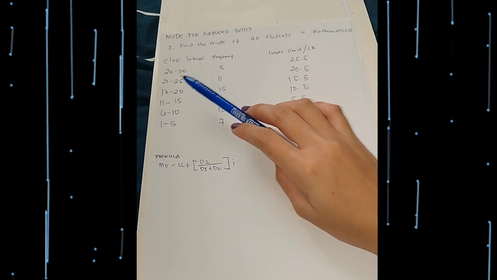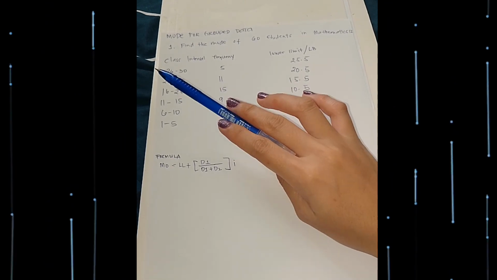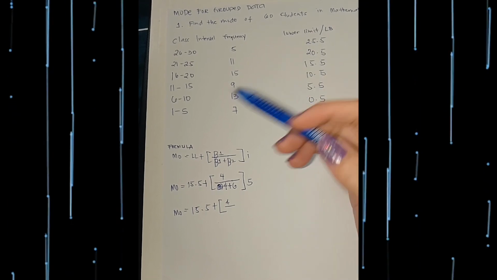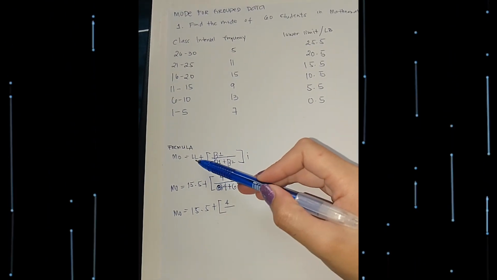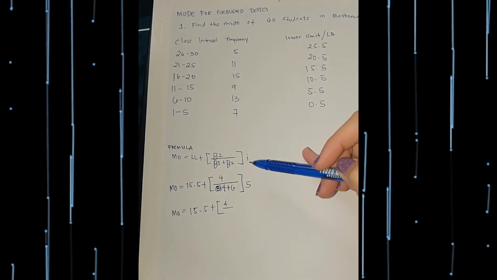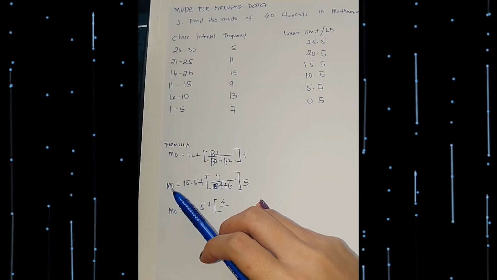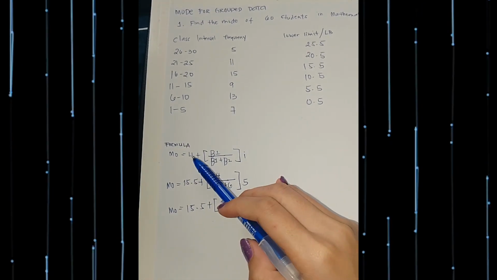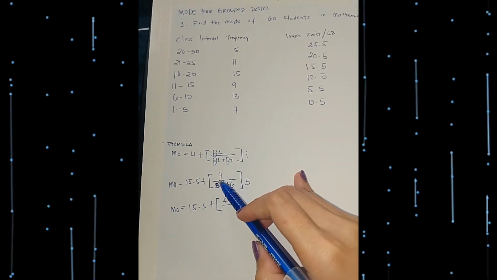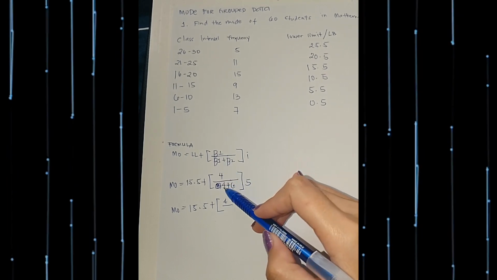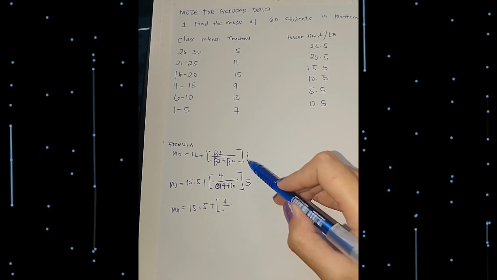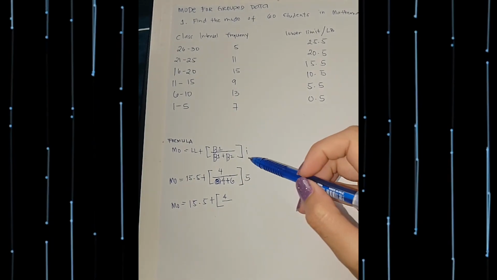Our formula in getting the mode for grouped data is MO is equal to LL plus B sub 1 over B sub 1 plus B sub 2, times the I. So, mode is equal to 15.5, which is the lower boundary, plus B sub 1 is equal to 4, over B sub 1, 4, plus B sub 2, which is 6, then times 5. Our class interval is 5.